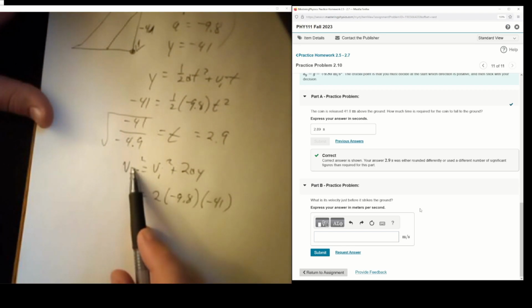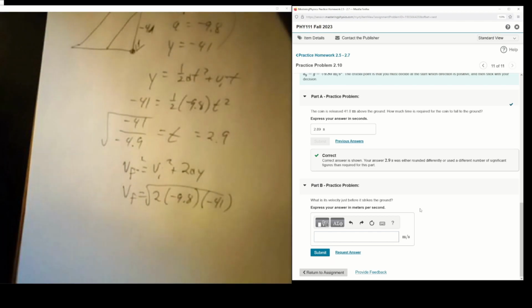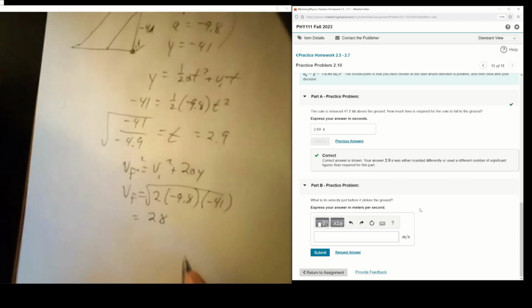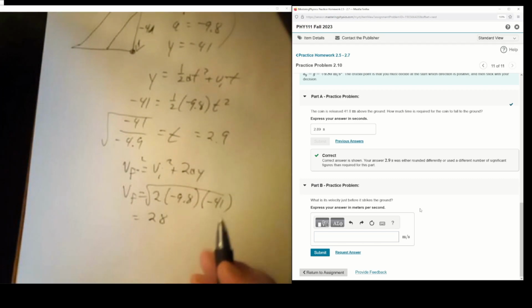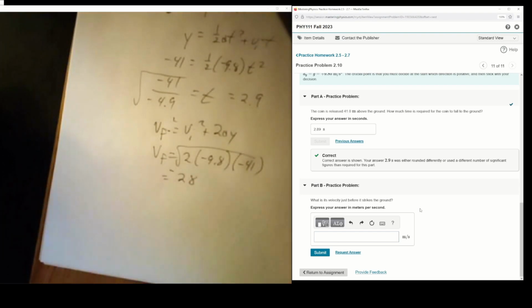And we do have to take the square root of both sides in order to get just final velocity. So the square root does give us a plus and minus solution. The velocity of impact is going down in the negative direction. So in this case, from the square root, we would choose the negative solution since velocity is going down.